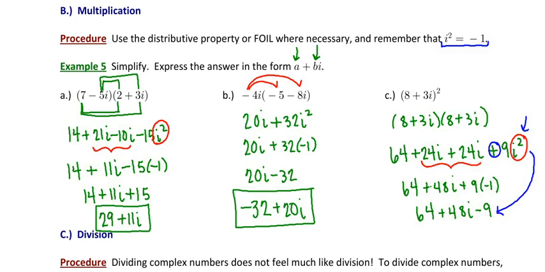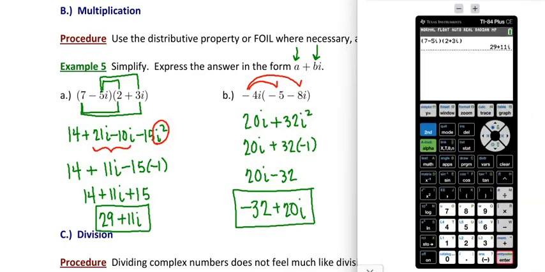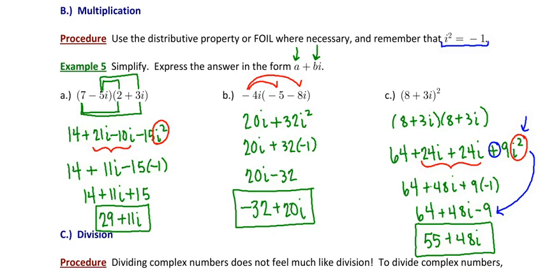So if you want to skip that step, if you feel comfortable with that, that would be fine. 64 minus 9 gives us 55 plus 48i. Let's double check that one with the calculator. So our original problem was 8 plus 3i quantity squared, and we have 55 plus 48i. We did a good job.